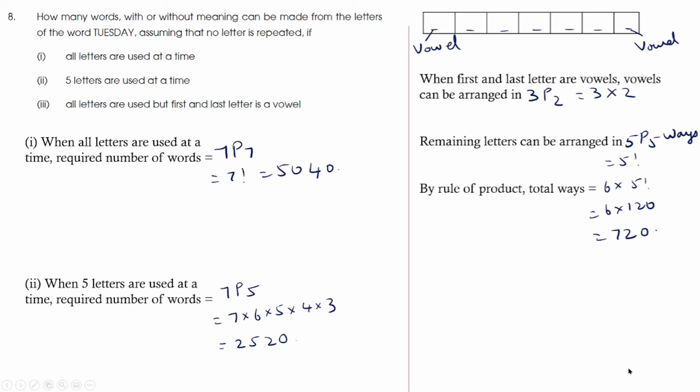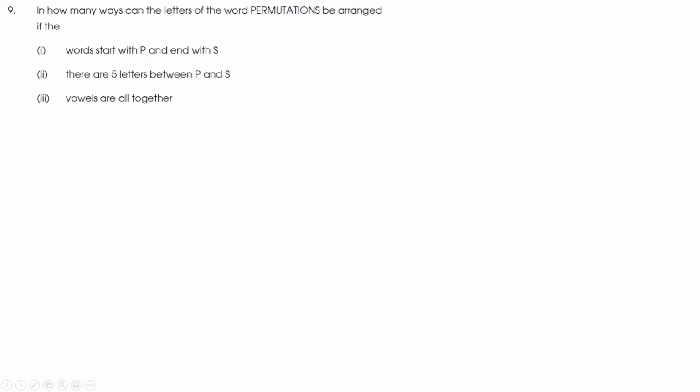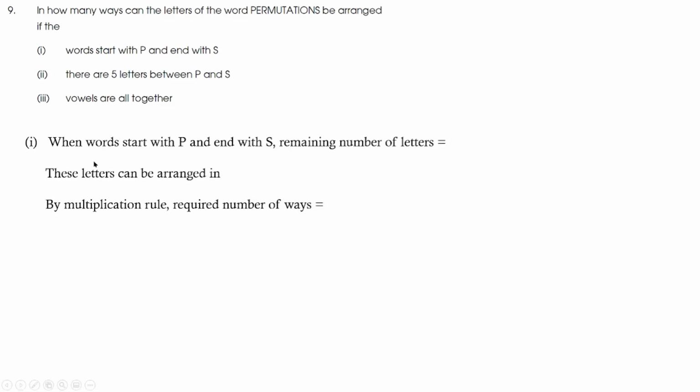Now moving on, in how many ways can the letters of the word PERMUTATIONS be arranged if the words start with P and end with S? So here, when the words start with P and end with S, the remaining number of letters are 1, 2, 3, 4, 5, 6, 7, 8, 9 and 10.